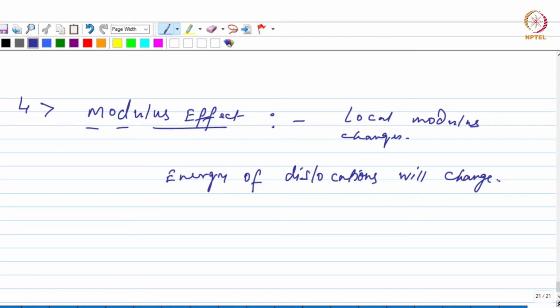Okay. And the strengthening that you have due to this modulus effect is given by this equation.